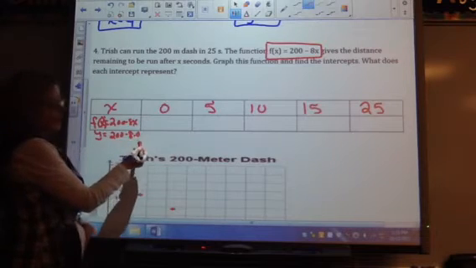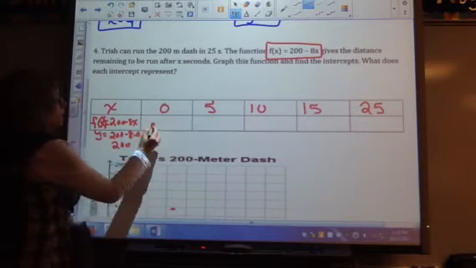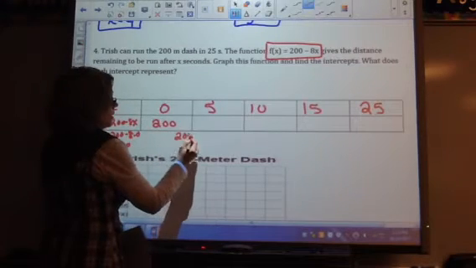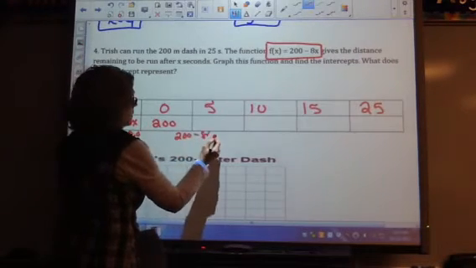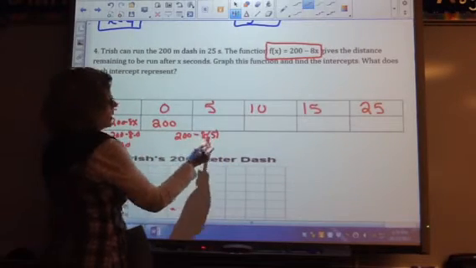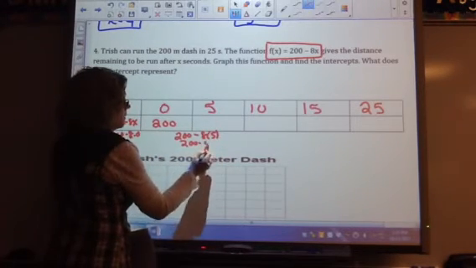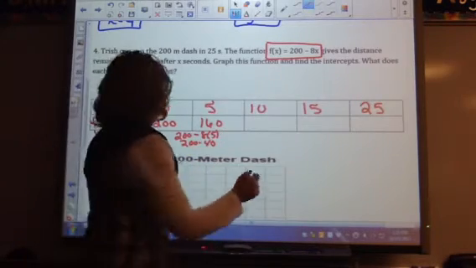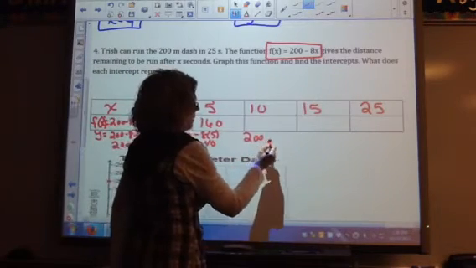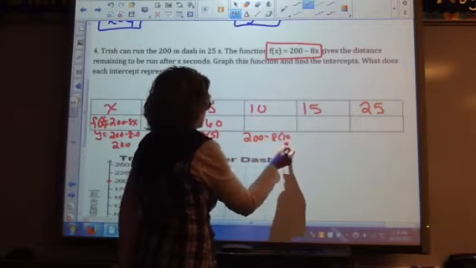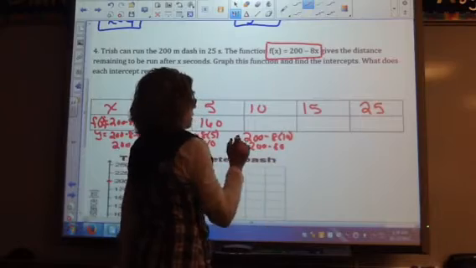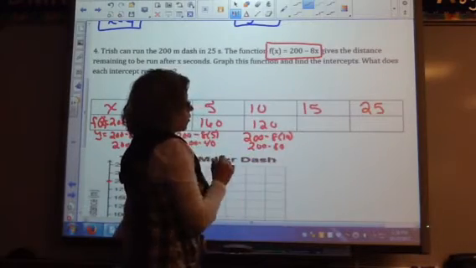Well, 8 times 0 is 0, so we have 200. Now we're going to substitute in 5 for x. So 8 times 5 is 40. 200 minus 40 is 160. Now we're going to substitute 10 in for x. So 8 times 10 is 80. 200 minus 80 is 120.